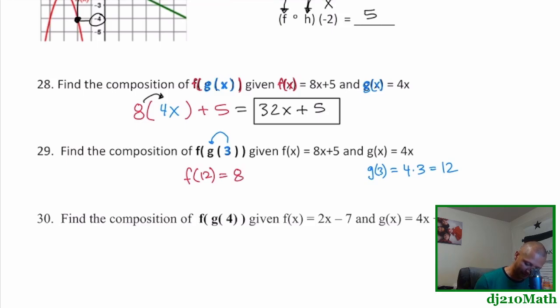So 8 times 12 plus 5, because 8x plus 5, x is 12, the input. So 8 times 12: 12, 24, 36, 48, 60, 72, 84, 96. 96 plus 5. Hey, 101.